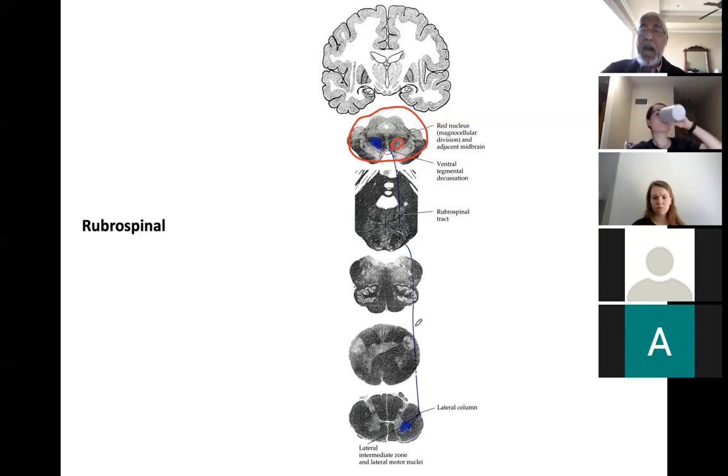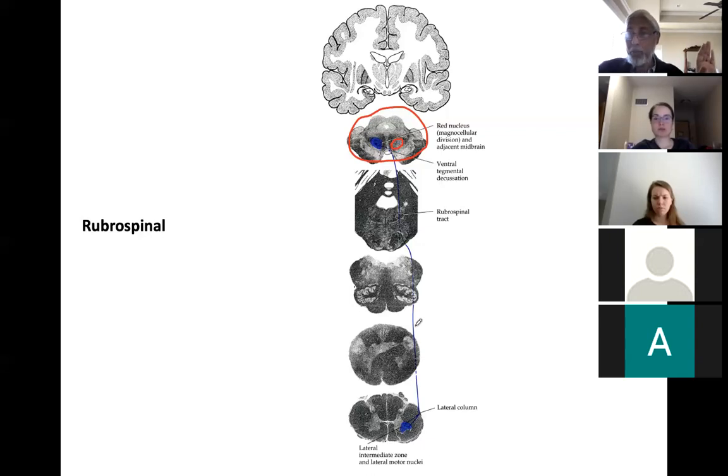Now, the other two upper motor neurons we talked about so far were corticospinal and corticonuclear. Why were they corticospinal and corticonuclear? Because both of them begin at the cortex. Either they end in the spinal cord as corticospinal, or they end in the cranial nerve nuclei in the brainstem, corticonuclear.